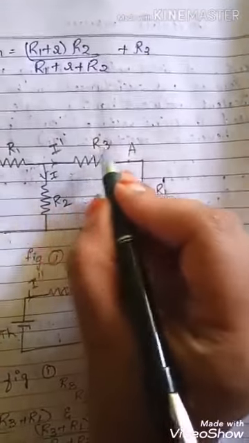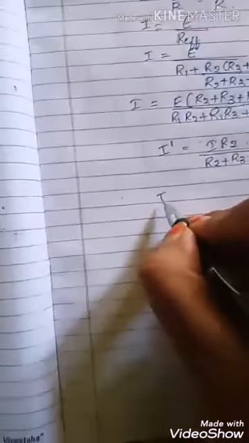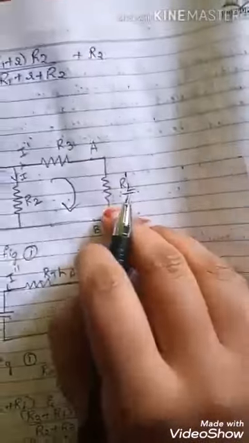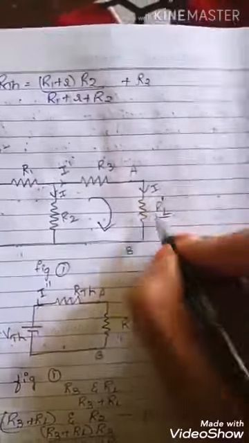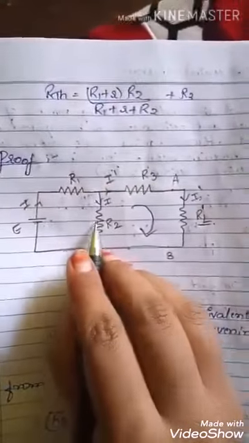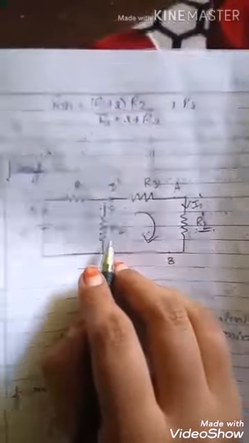The original equation is, from this we can say I dash R3, in this direction. So I dash R3 plus I dash RL minus, because in this direction the current is in the reverse direction.